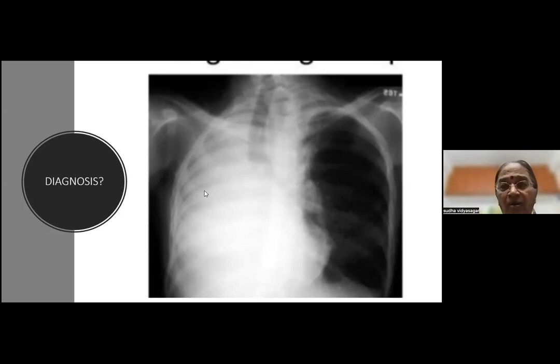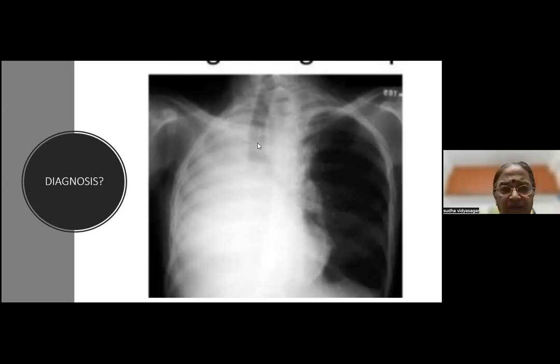If this is the abnormal side, then you look at what kind of opacity you have. Homogeneous or non-homogeneous? Okay, homogeneous, correct. So it's a homogeneous opacity on the right side of the lung field, in the upper, middle, and lower zones, all three zones, with the trachea looking very much to the right side.